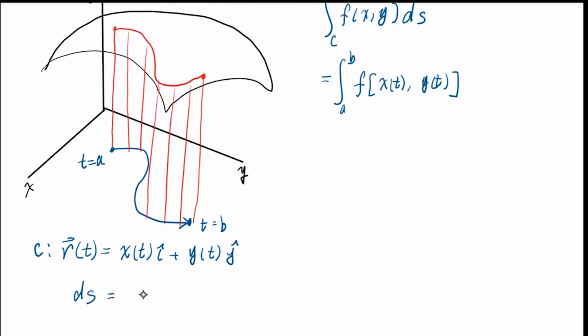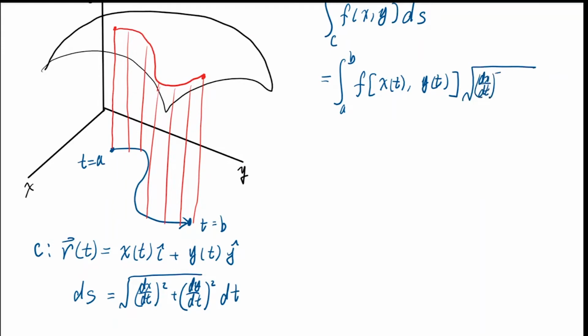Arc length ds, that thing. Square root of dx over dt squared plus dy over dt squared dt, that's ds. So that goes in here. So after this is all said and done, and hopefully it's not that ugly, everything is a function of t from t equals a to t equals b. How about that?